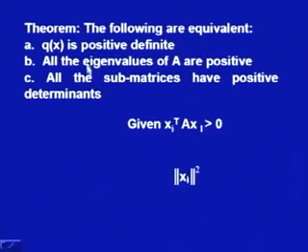Now, in this theorem we would like to state the conditions under which we can ensure that a given quadratic form is positive definite. The theorem states that the following three conditions are equivalent. One condition is that Q(x) is positive definite, second is that all the eigenvalues of A are positive, third is that all the submatrices have positive determinants.